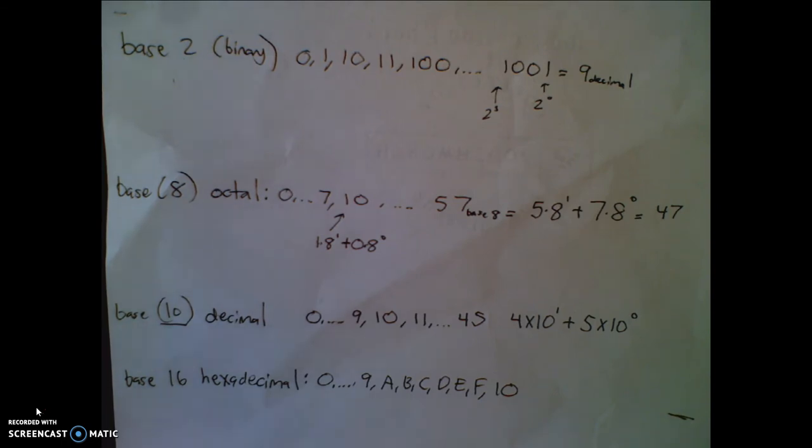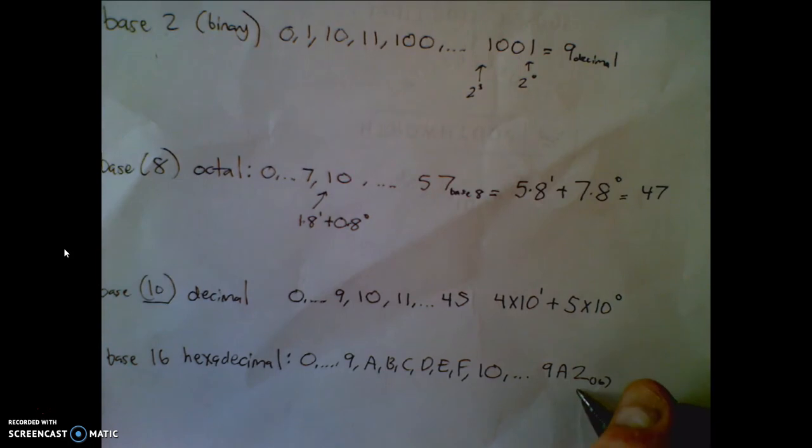And it acts the same as the other base systems, except you have these letters to account for digits. So if you had, way down the line here, let's say you had a 9A2 in hexadecimal base 16, then, still same logic. This is 2 times 16 to the 0.